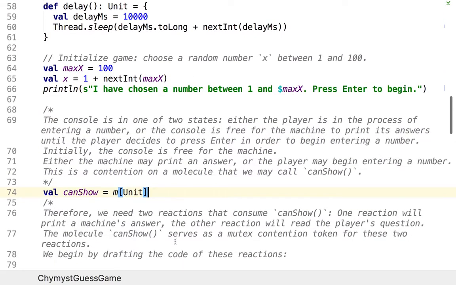And clearly the two reactions that are necessary that will consume can show. One reaction is going to print the machine's answer, and the other reaction will read the player's question.